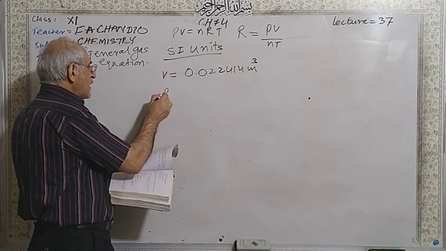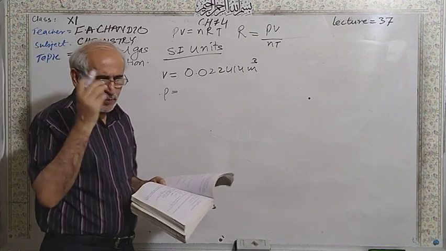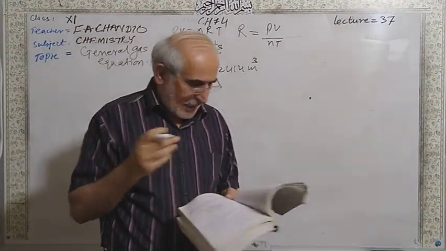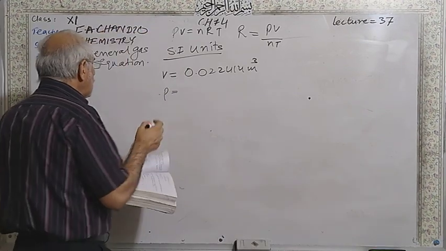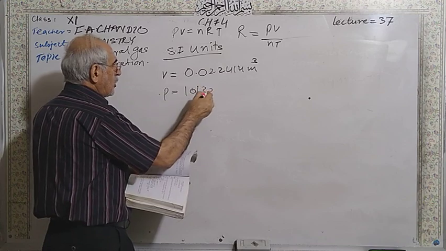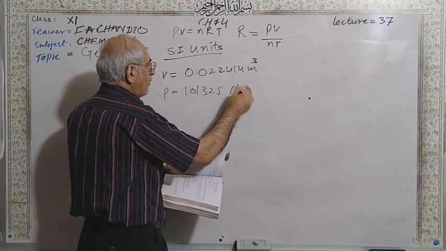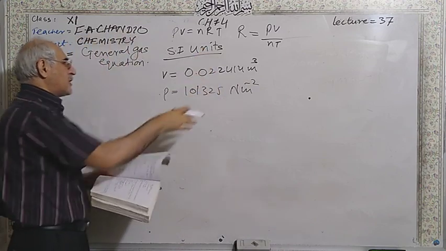And the second difference is pressure. In the previous calculation we used pressure in atmosphere. Here we use newtons per meter square, 101,325 newtons per meter square. There are two differences.